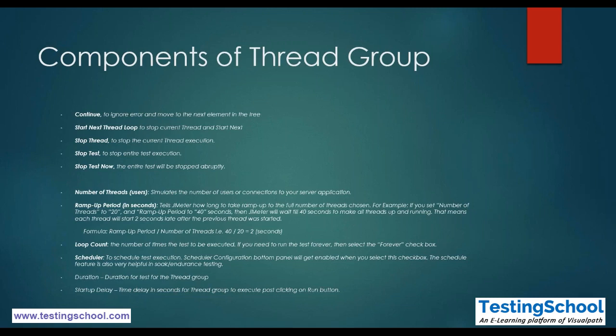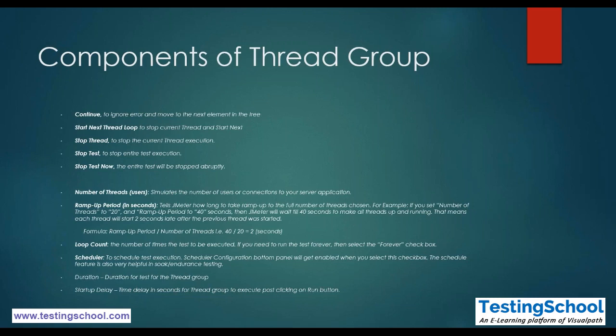Duration stands for the duration of the test which you want to run, in seconds. If you put 3600, then it will run for 1 hour. And startup delay is something which holds off the execution.